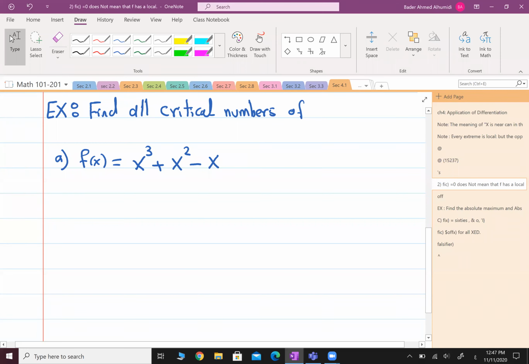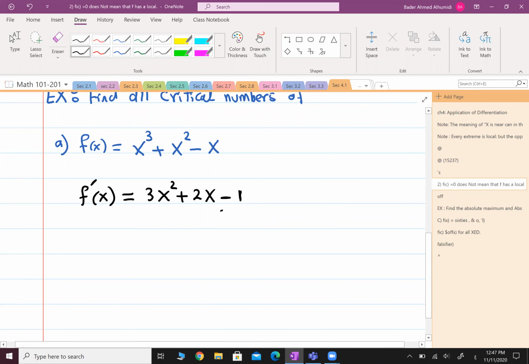Find all critical numbers of the function given. أبحث عن شنو أنا أول أوجد الديريفيتيف صحيح؟ f prime of x. What is f prime of x? 3x squared plus what? 2x minus 1. واضح ان هذه الدالة اللي هي اسمها f prime always defined. نبحث عن شنو يعني. f prime of x equal to 0 implies that 3x squared plus 2x minus 1 equals 0. خلينا نحلل هذه العوامل.